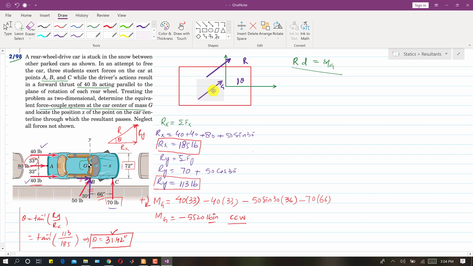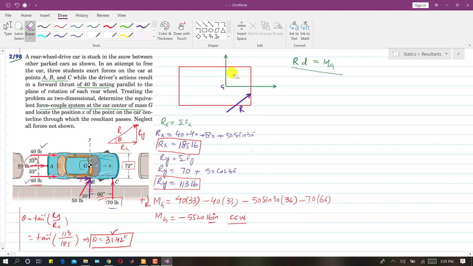This means that we need to place this force somewhere here. Now the location of this resultant is here, so it will produce the counterclockwise moment. This is the correct location of this R.